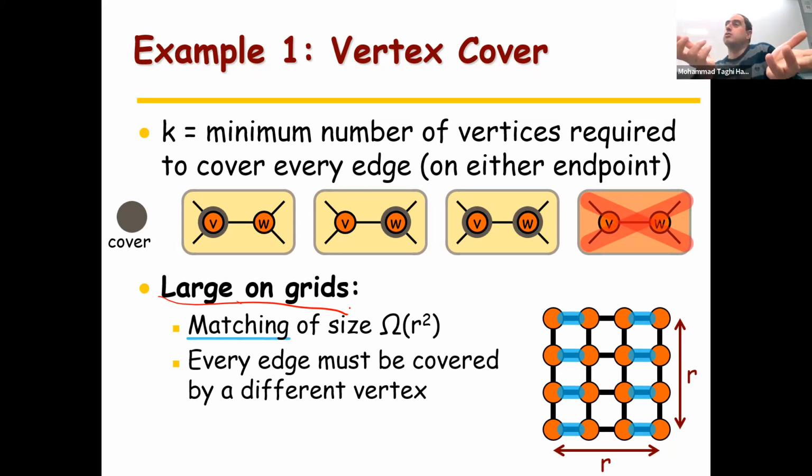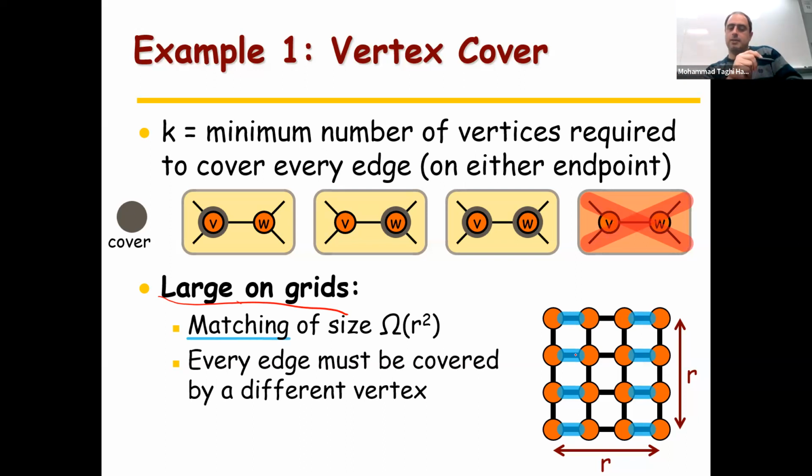So why is it large on the grid? It is very easy. If you consider a matching on these things, from each of these edges of the matching, we need to cover at least one vertex. This one vertex from each edge should be in the vertex cover.